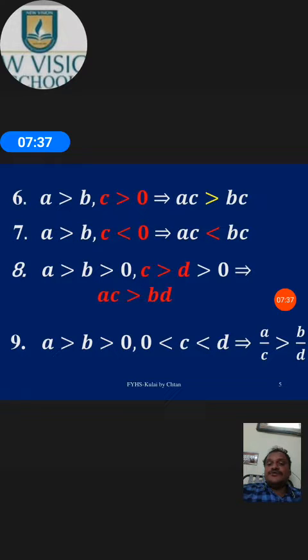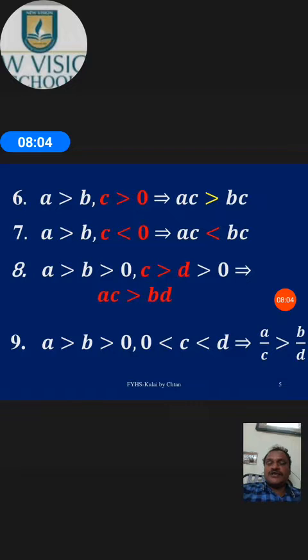Another one, 2 greater than 1. Now 10 into 2 greater than 8 into 1. 20 greater than 8. That is obviously true in mathematics. Using our common sense also we can say that it becomes very natural such that a greater than b and c greater than d, then ac is greater than bd.